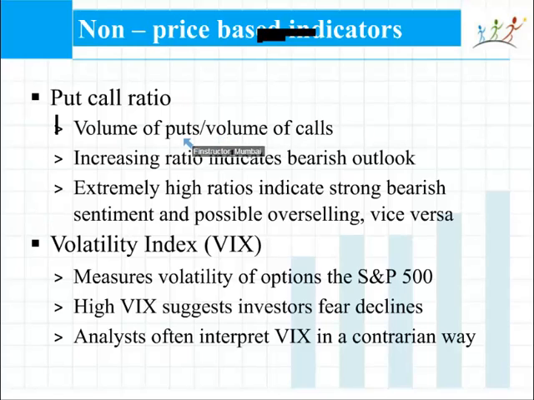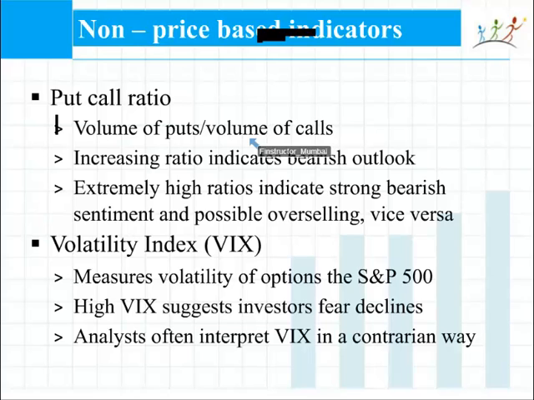So if this ratio is high, that means people are buying more puts than calls. That means the outlook is bearish. Bearish outlook means the prices are expected to fall, and bullish outlook means that the prices are expected to rise. So if the ratio is low, that means the volume of calls is high and the volume of puts is low. So it indicates a bullish outlook.